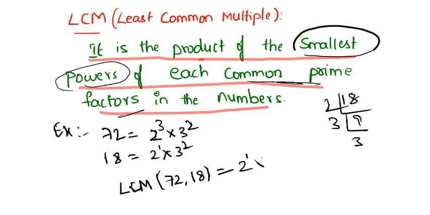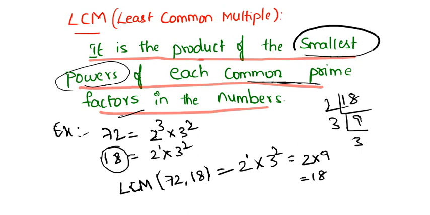Then 3 is common in 72 and 18, and the power is also the same, so we select 3 power 2. Here the answer is 2 into 3 square, which is 2 into 9, 18. Here 18 itself is the least common multiple of the numbers 72 and 18.